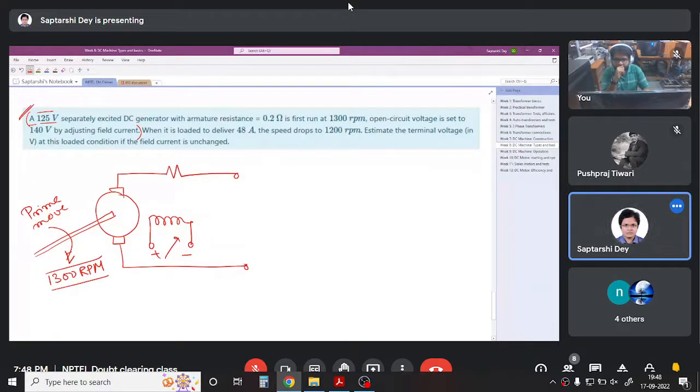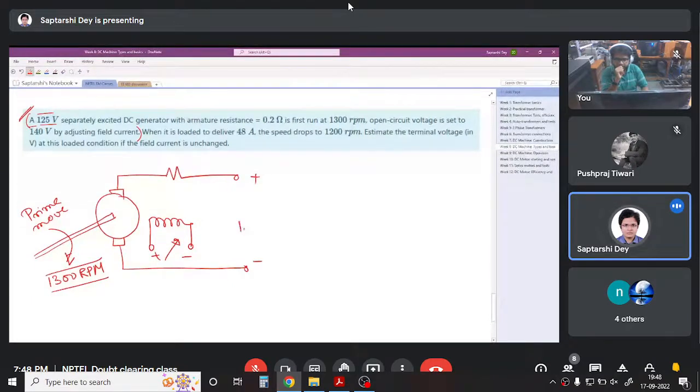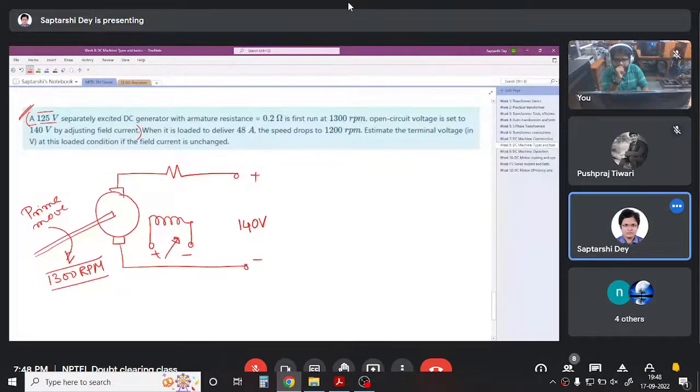And then the field voltage is regulated, it is varied such that the open circuit voltage that we get here is 140 volt. So is it clear up to this?